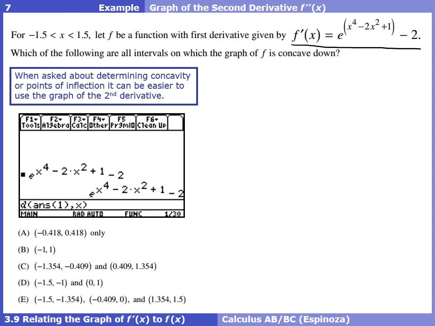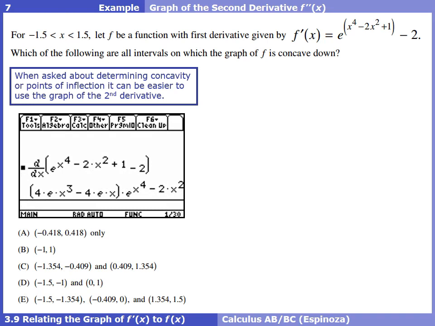If we're trying to graph the second derivative, we need the equation of the second derivative. If you take the time to type this first derivative into your calculator and then carry out the proper notation for taking a derivative, you should find that the second derivative of our function is given by this equation. This is our second derivative.